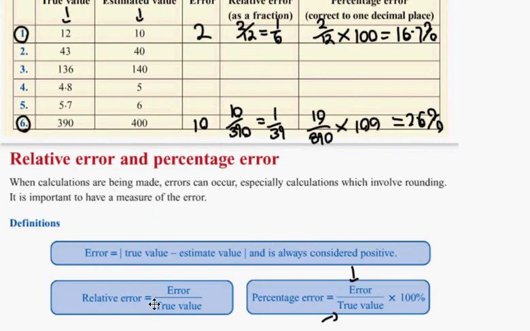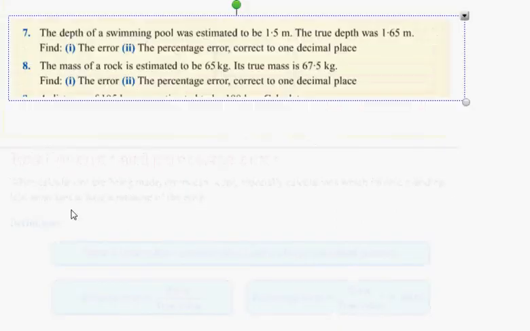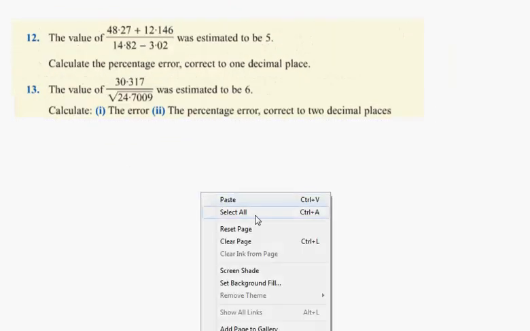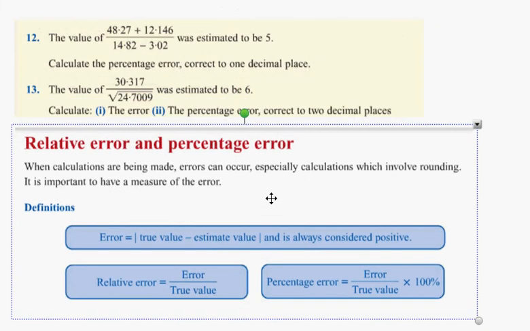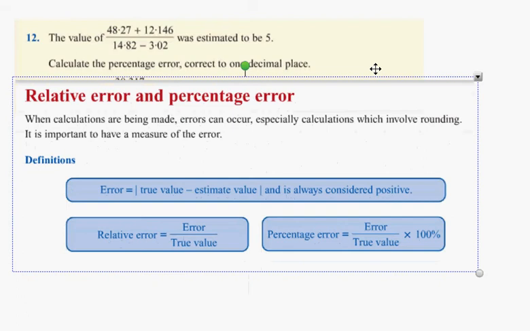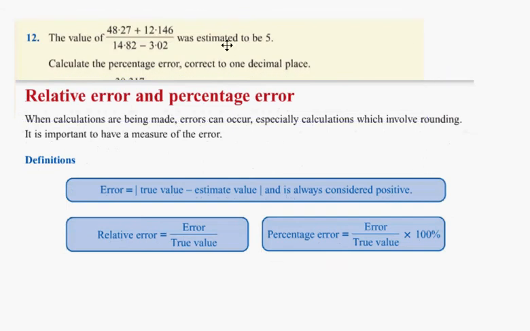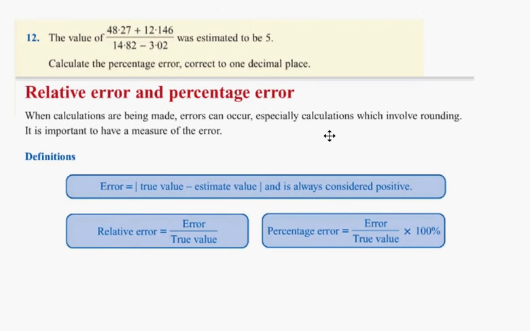What we do next is we move up the ladder a small bit to more difficult questions. Maybe the likes of 12 and 13. The value of this here was estimated to be 5. Calculate the percentage error to 1 decimal place.